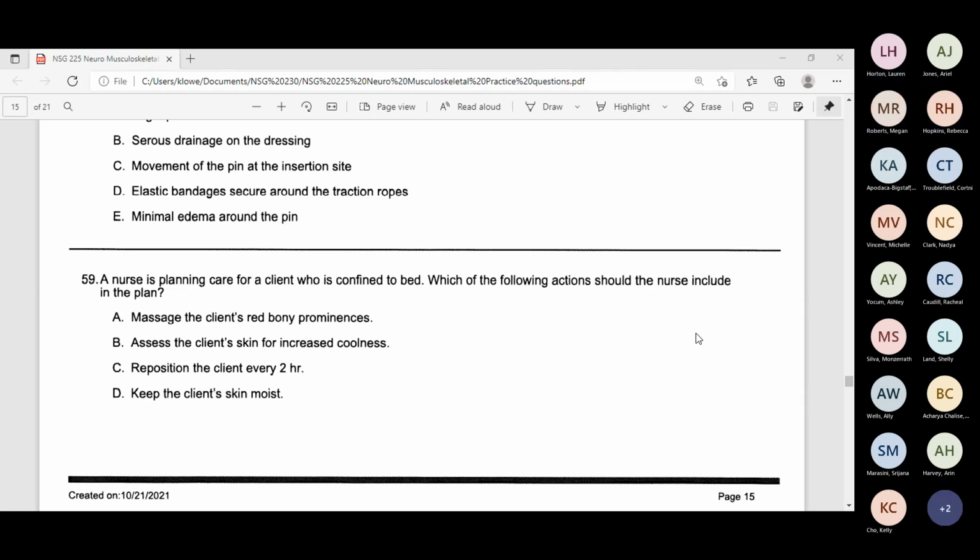We're going to turn them every 2 hours. We don't want to massage bony prominences. There's already a problem with blood flow and it could damage the tissue. We don't want to assess the client's skin for increase in coolness. We would hope that it would be warm. And we don't want to keep the client's skin moist. We want to keep it dry. So we want to reposition our client every 2 hours.